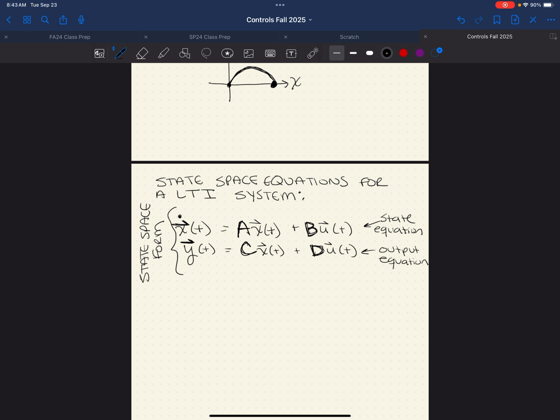All right, let's define our x vector here. This is the vector made up of state variables, x1, x2, all the way down to xn. We call this our state vector.